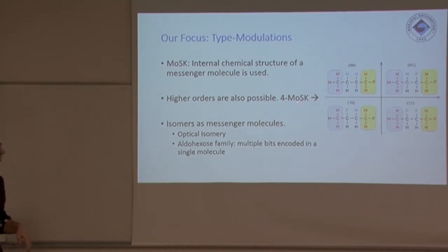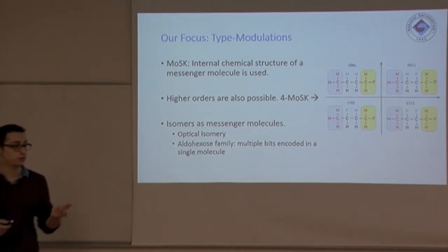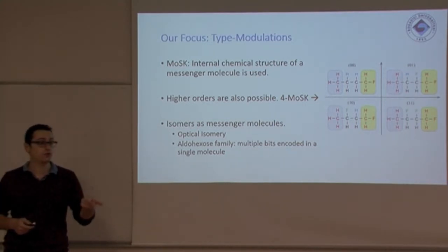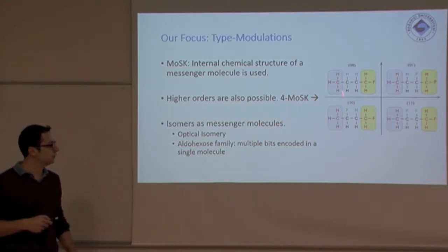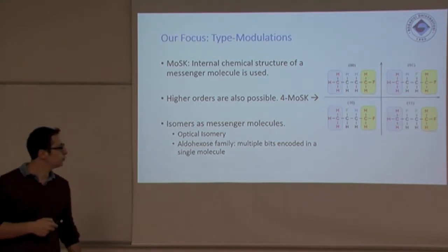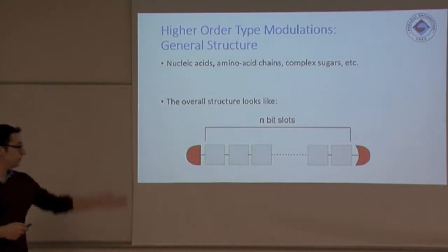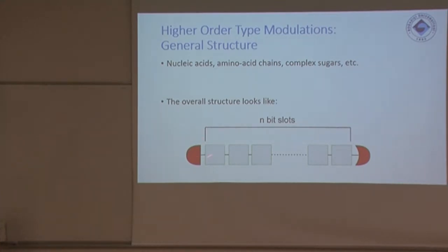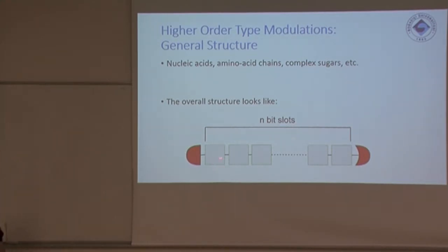Of course, you need to have a certain header and a certain footer for the receiver to differentiate between the beginning of the message and the end of the message as well. The header and the footer are characterized by the regions in purple and yellow in this case. So generally speaking, we have a structure like this, right? We have a header, we have a footer, and we have all these bit slots that we can encode our message in. Think of these as slots.